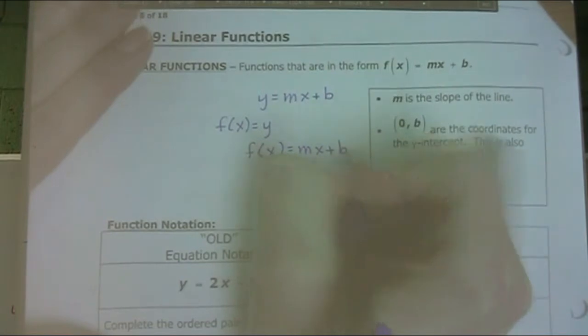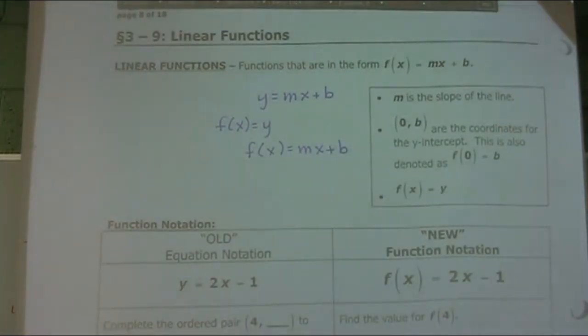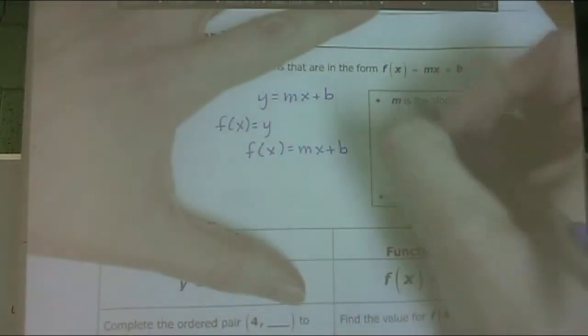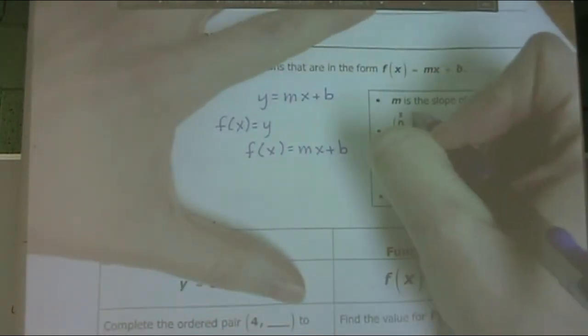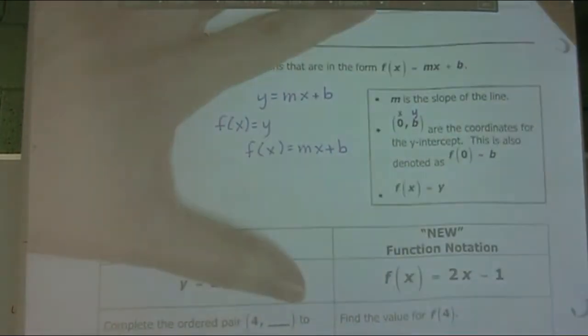But the same things that were true when we used y equals mx plus b are true about f of x equals mx plus b. And that is that m is the slope, and that (0, b) are the coordinates for the y-intercept. Now, notice something here. In the y-intercept, this is the x value, this is the y value.